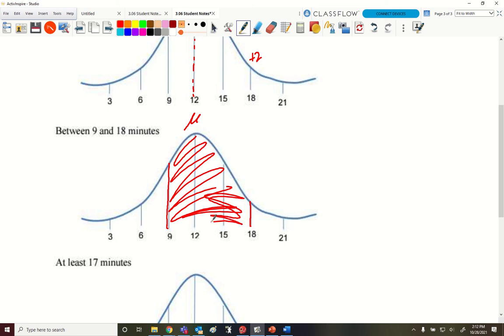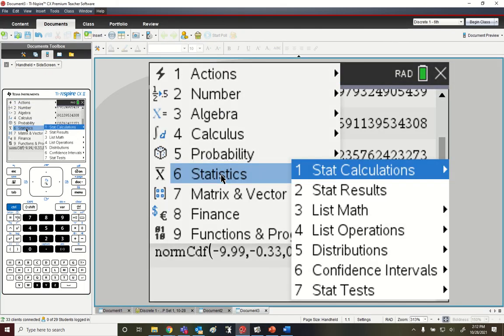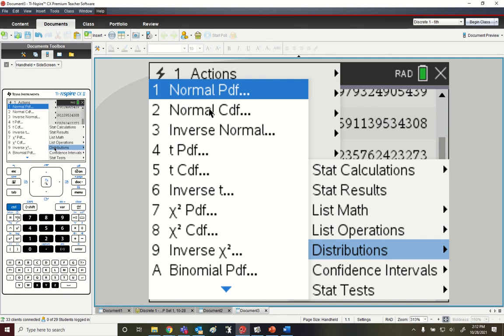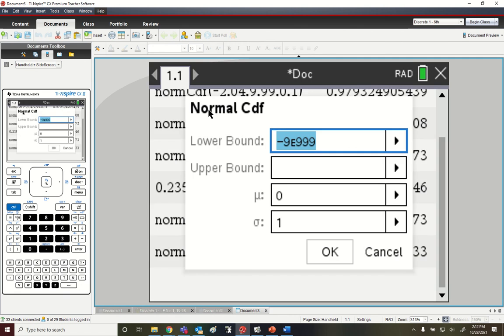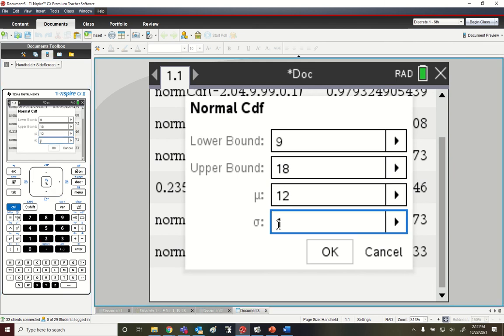So, back to the calculator. Menu, stats, distribution, normal CDF. This one, we said the lower bound was what? 9. So I'm going to enter 9. Upper bound was 18. Mu, what is my mean? 12. So I changed this here to 12. And my standard deviation here is 3.